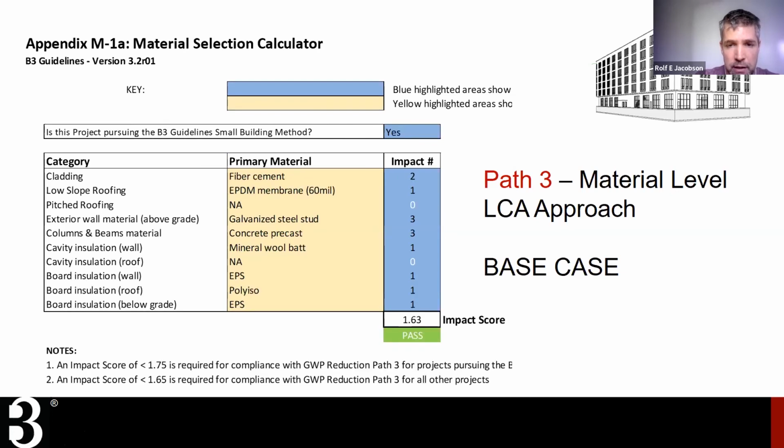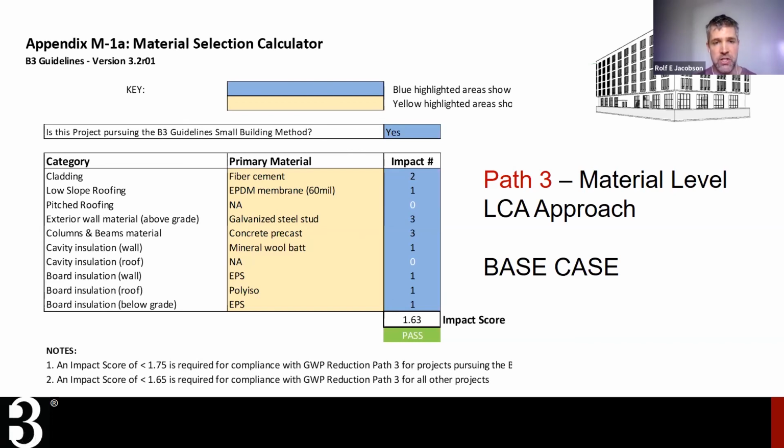So if we just go back and try some of the same strategies that we used in the whole building LCA model, we find that we can actually pass using this approach. So we exchanged the metal cladding for fiber cement. We changed the roofing membrane to EPDM.